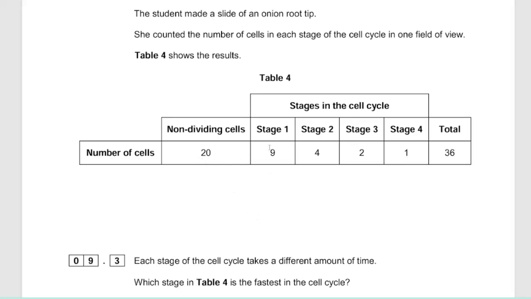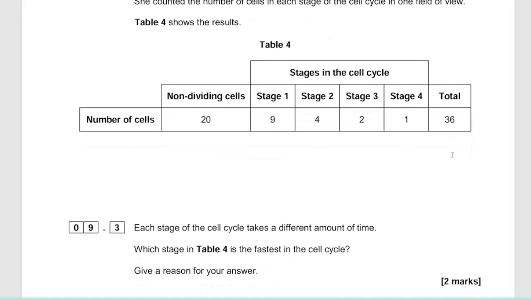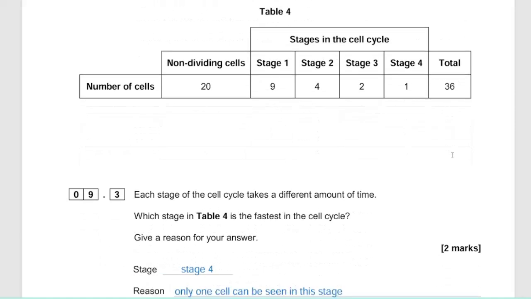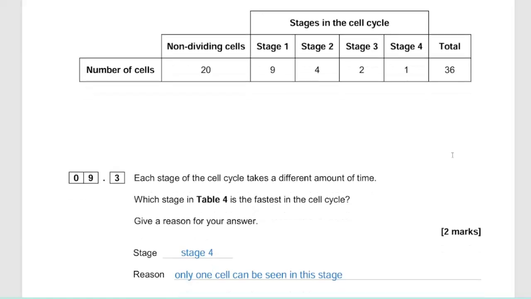If you think about it, throughout the various stages, it spends 9/36 of its time in stage 1, 4/36 in stage 2, 2/36 in stage 3 and 1/36 in stage 4. It just requires a bit of maths knowledge to think about time spent in various stages. And stage 4 is the fastest because only one cell can be seen in this stage.